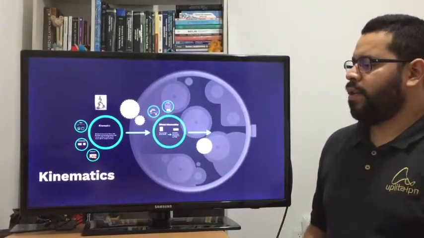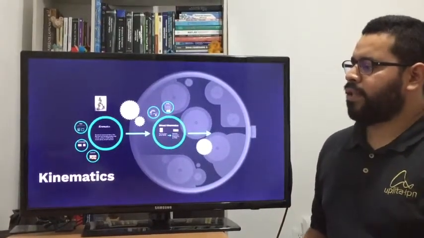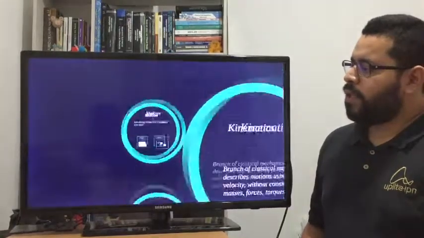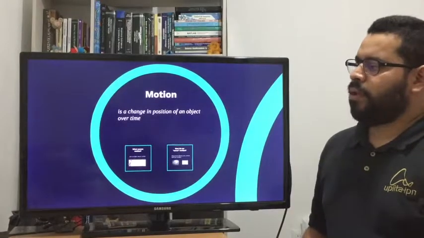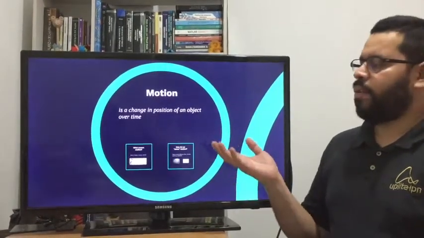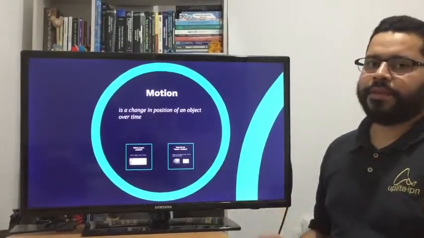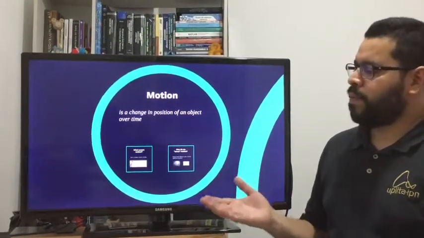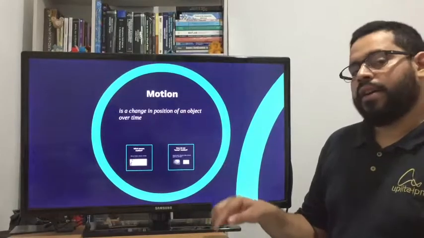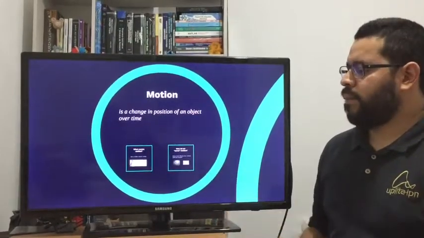The first theme in robotics is kinematics. But to start with kinematics, we have to define first what is motion. Motion is the rate of change in position of an object over time. Motion has two very important parts: the causes of motion and the effects of motion.